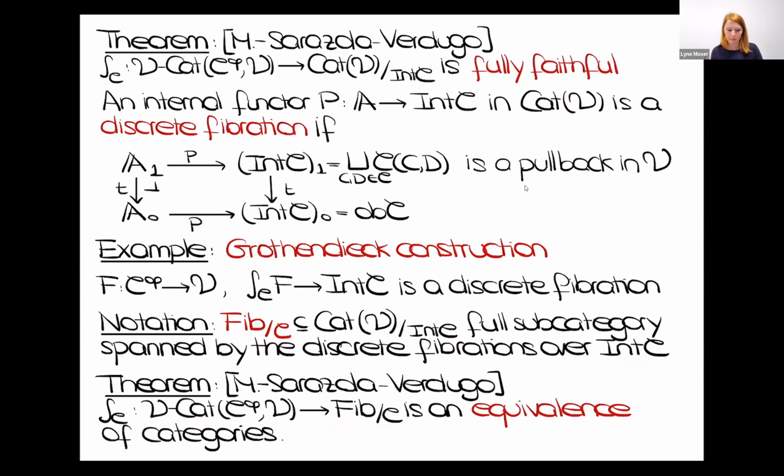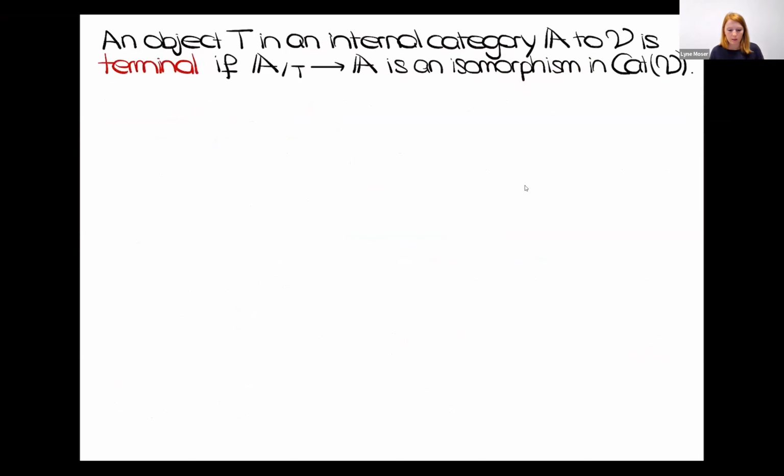Okay. Okay, so now we have the Grothendieck construction. We just need a terminal object, and then we will be able to formulate the representation theorem.